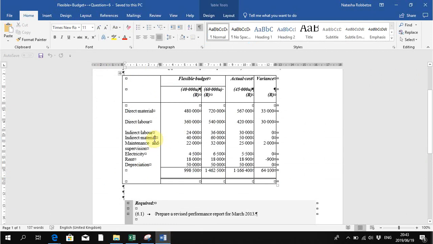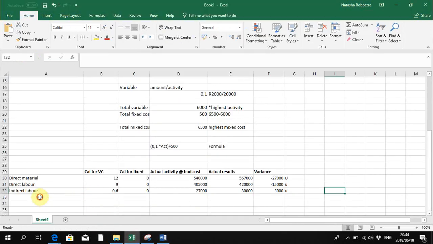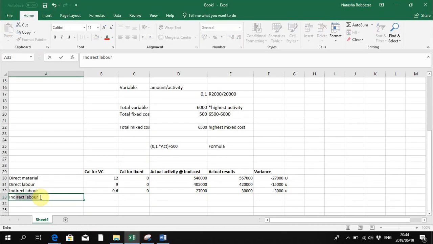Right, next one we have indirect material. So let's test again. 40,000 Rand divided by 40,000 units should give you 1 Rand, and 60,000 Rand divided by an activity level of 60,000 units should also give you 1 Rand. So it's 1 Rand at every budgeted level, which makes it a variable cost. So I'm going to say for indirect material the variable cost is 1 Rand. There is no fixed cost.